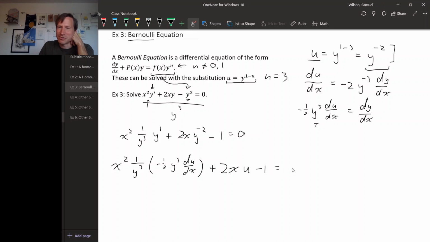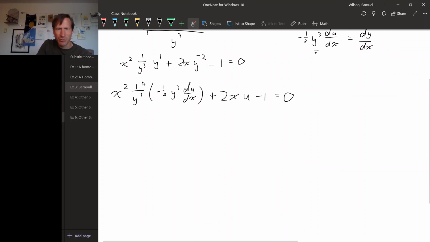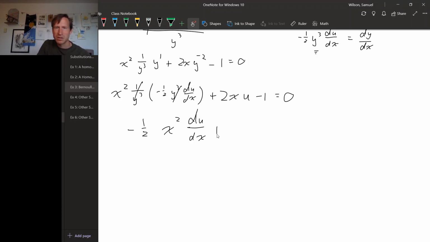Minus 1 equals 0. Now we can simplify this. The y cubes are gone. We get minus 1/2 x squared du/dx plus 2xu. And then I'm going to move that minus 1 to the other side, so it's a plus 1.